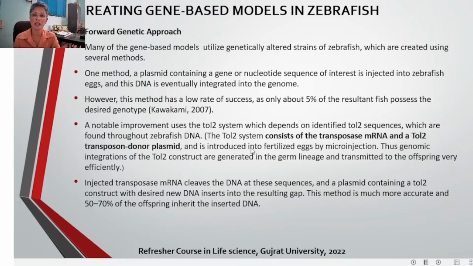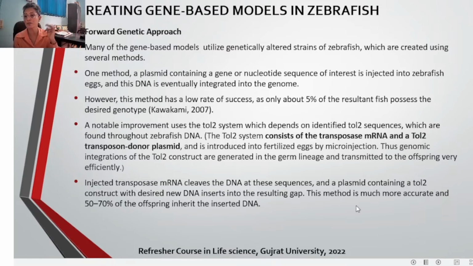So, this Tol2 system can be utilized to introduce the foreign DNA or gene of our interest into the genome of the zebrafish. The injected transposase messenger RNA cleaves the DNA at the particular sequence, and the plasmid containing a Tol2 construct with the desired new DNA inserts into the resulting gap.